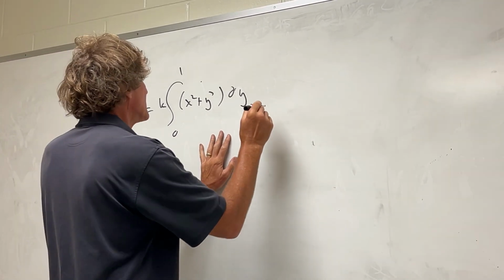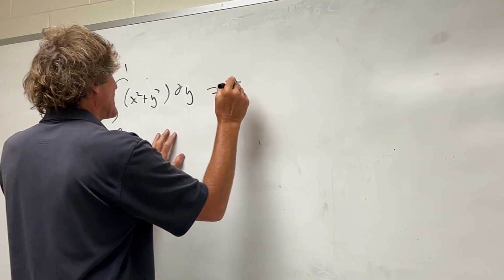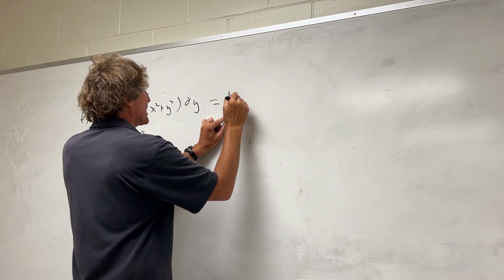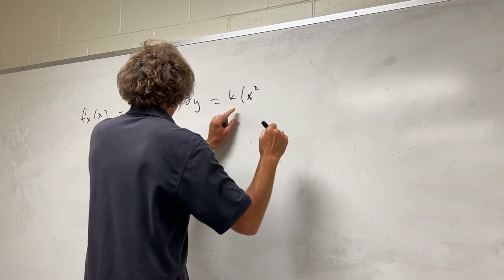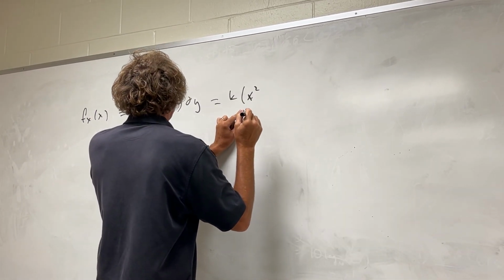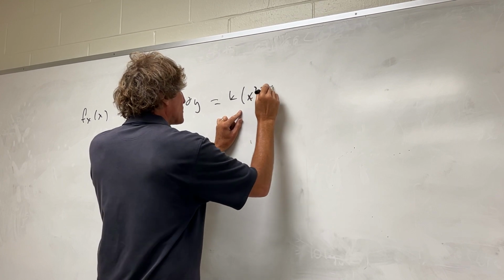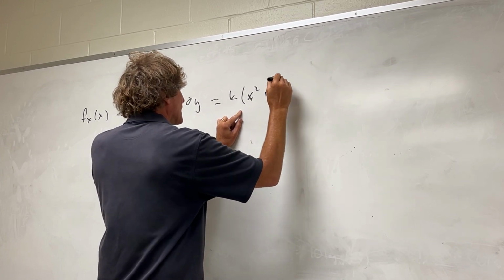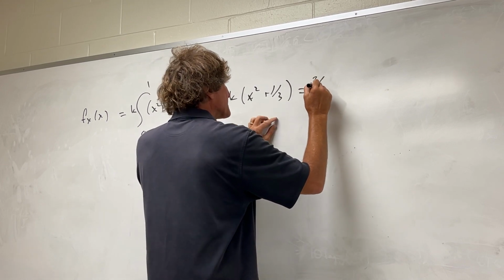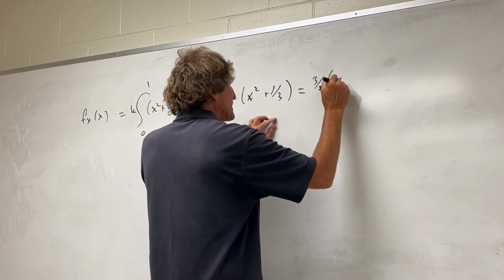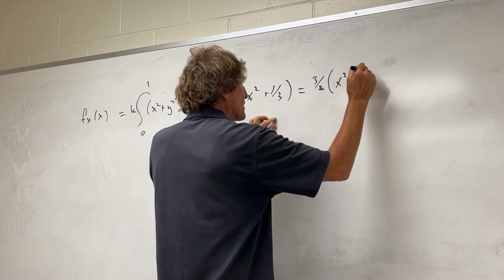What do we get? We're going to get k, right? And here you're going to have quantity x squared. We actually did that over there. And then when we integrate y, we get y cubed over 3 from 0 to 1, which is plus 1/3. So that's simply 3/2 times x squared plus 1/3.